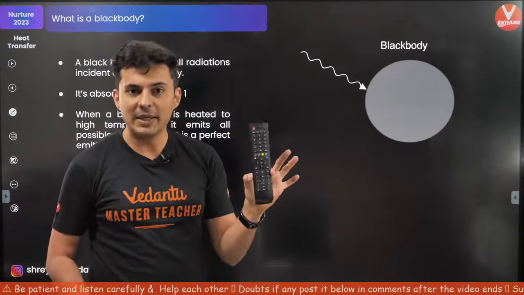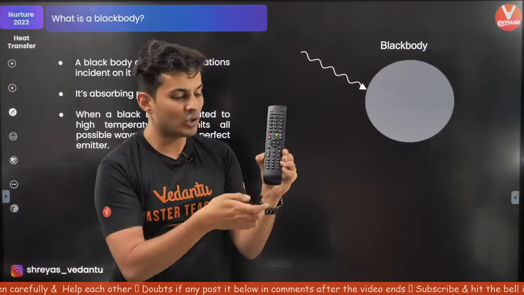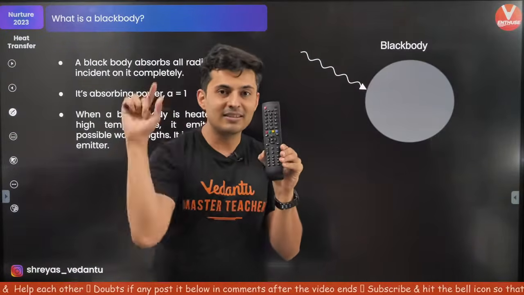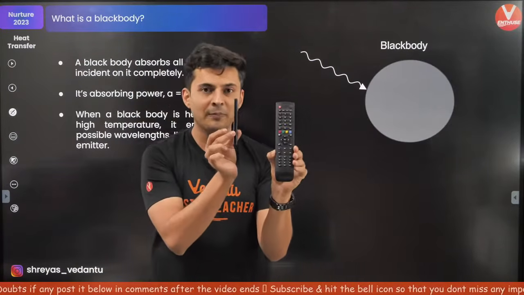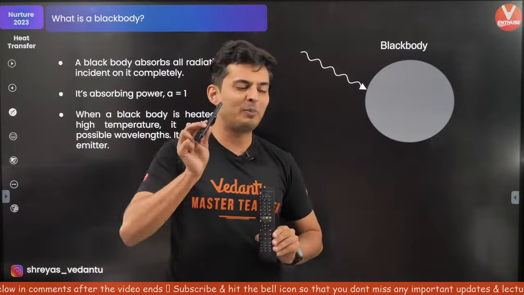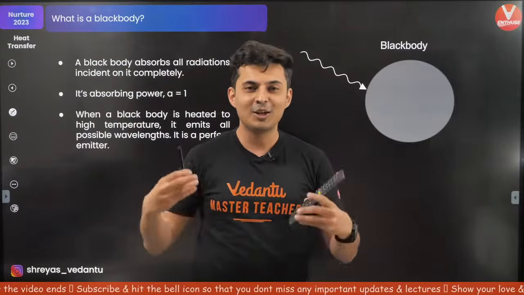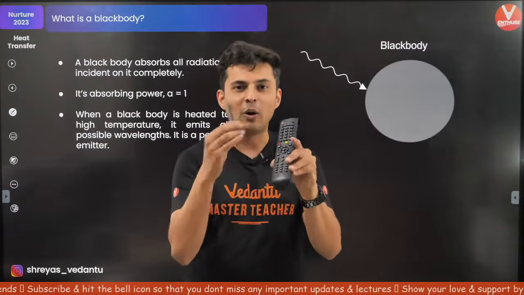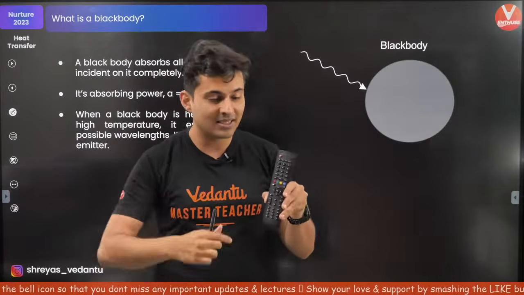The reason why you can see the button shapes, the roundness, the squares, rectangles of this remote or the buttons or the pen, is because it is not perfectly black. If this was perfectly black, then you would never be able to make out the edge, the corners, the roundness of the shape. Because how do you perceive edges?